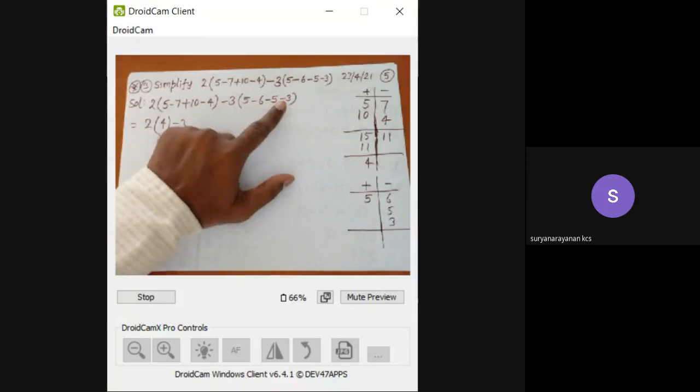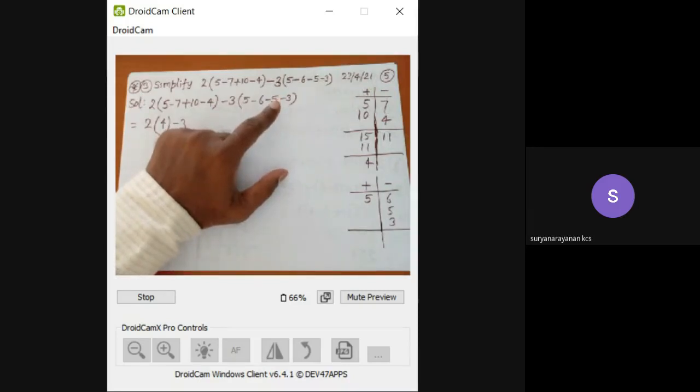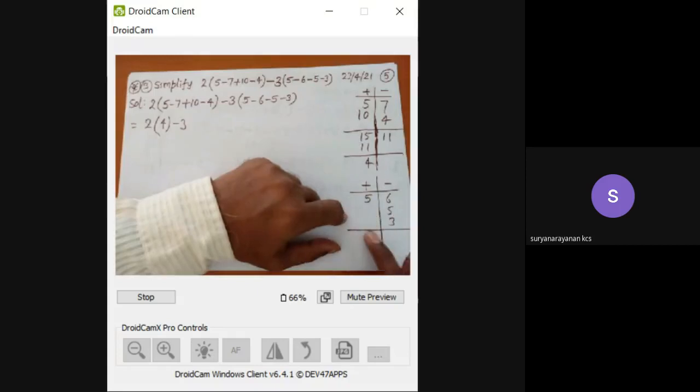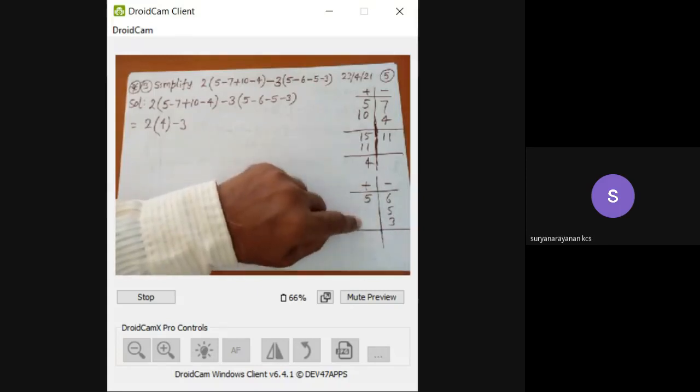Are you listening, Shanti? Yes, sir. Listen carefully. Harini, you also listen carefully. Then what will you do? Can you tell me, Shanti? In this plus box, how many numbers are there? Sir, 1 number. What is that number? 5.